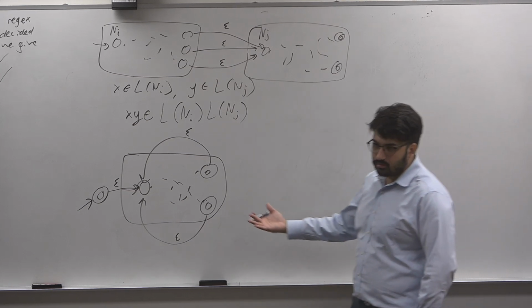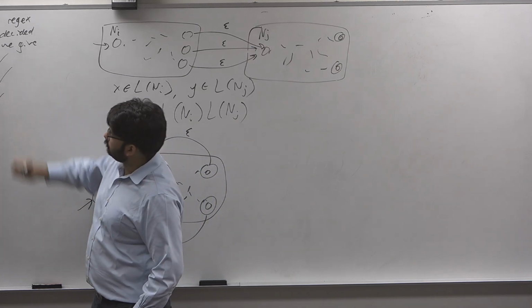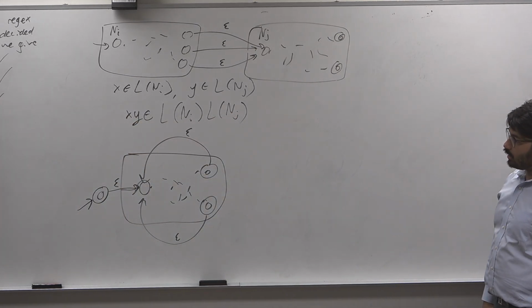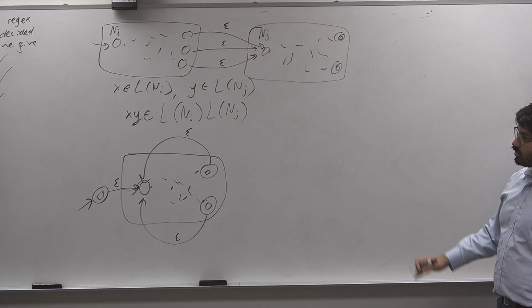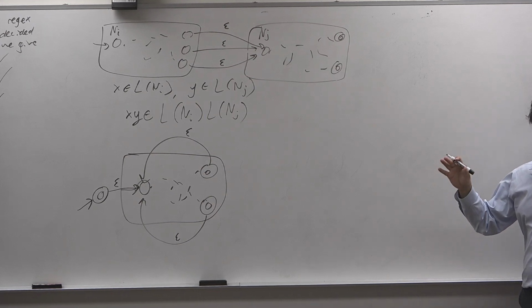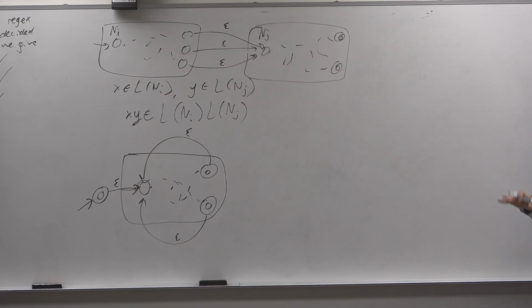Okay, so we've proven that. We've proven it by induction, assuming our inductive hypothesis that Ni and Nj are NFAs that decide languages described by Ri and Rj. We give NFAs for languages described by Ri union Rj, Ri concatenate with Rj, and Ri star.